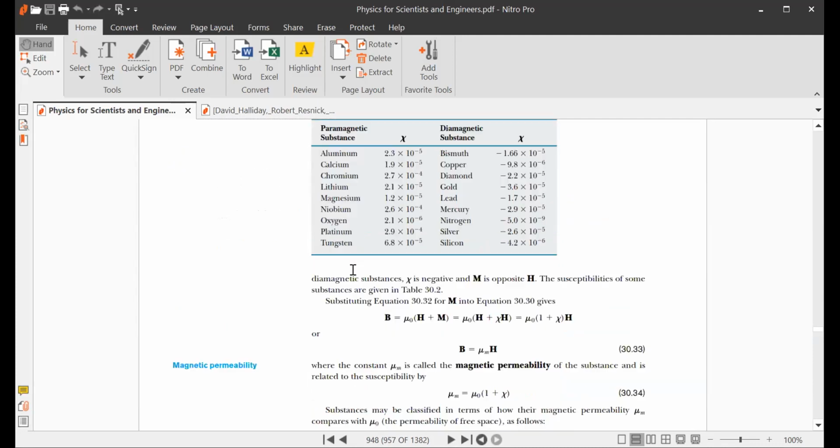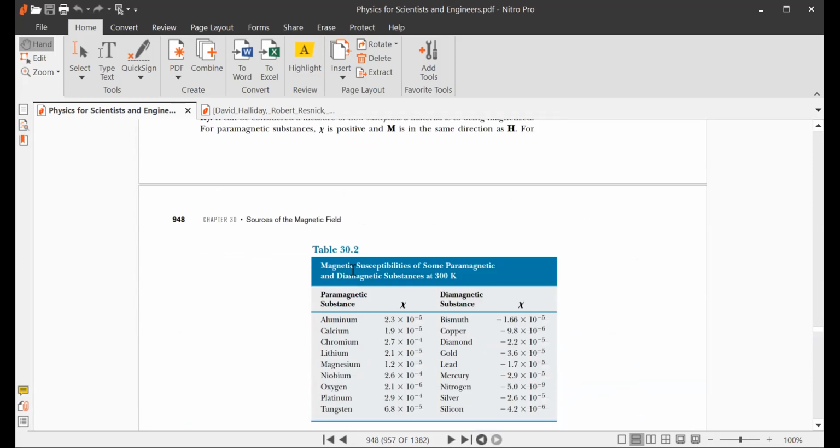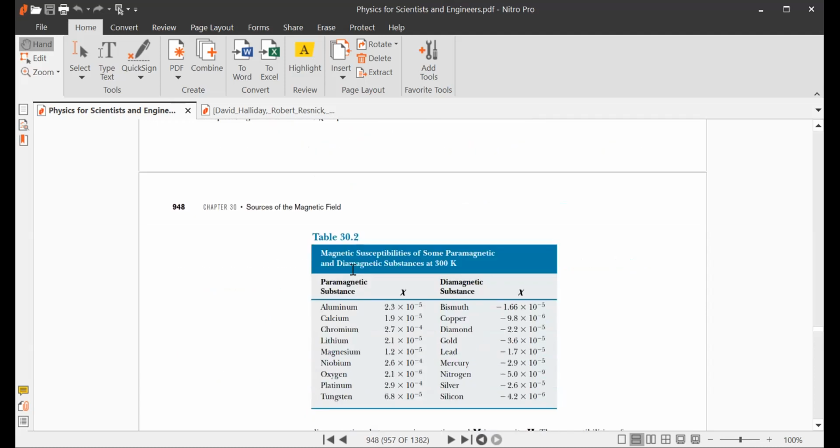Now, paramagnetic and ferromagnetic. A material that has a very strong response when we turn on the magnetic field is called ferromagnetic. Below it is called a paramagnetic substance. You see that the magnetic susceptibility of about 10 to the minus 5 indicates a paramagnetic substance.